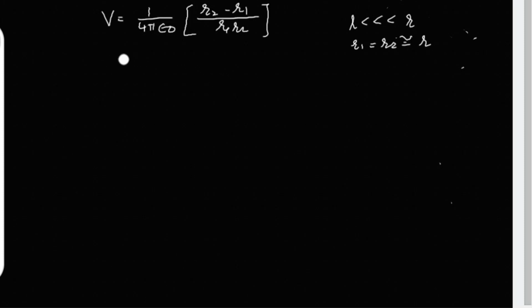So that time we will write here V is equal to 1 upon 4 pi epsilon 0, and this is R2 minus R1 approximately, that I'll put as it is, and only here I can write R square, because I consider here R1 is equal to R and R2 is equal to R, then R square it will be.